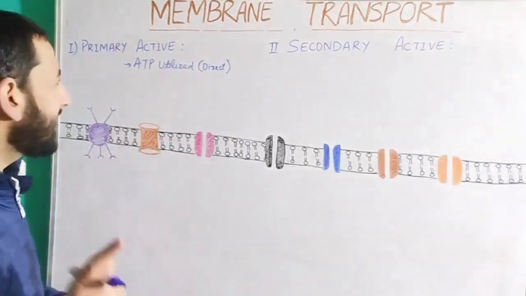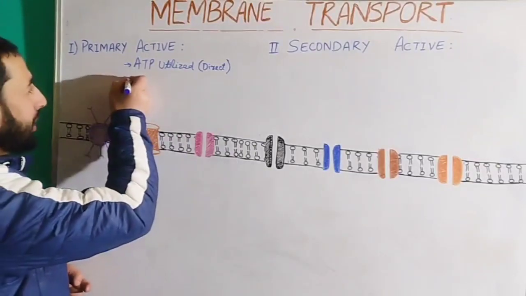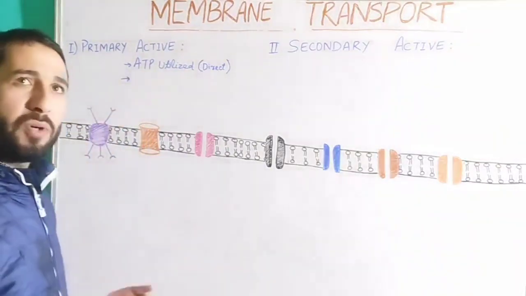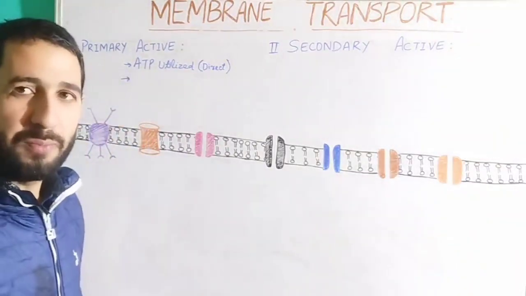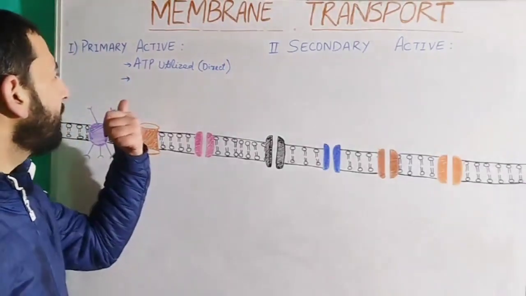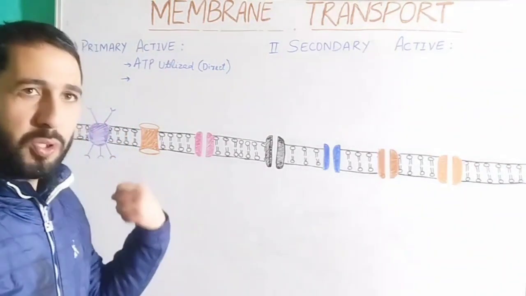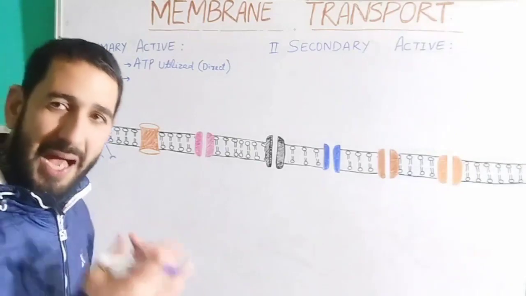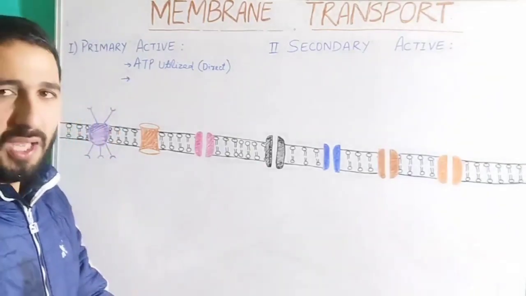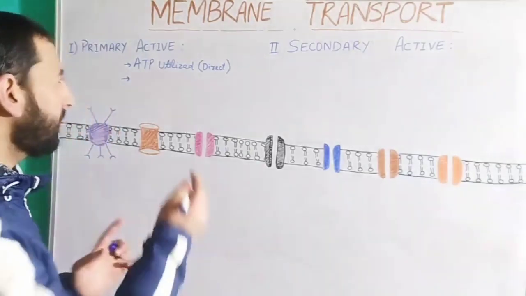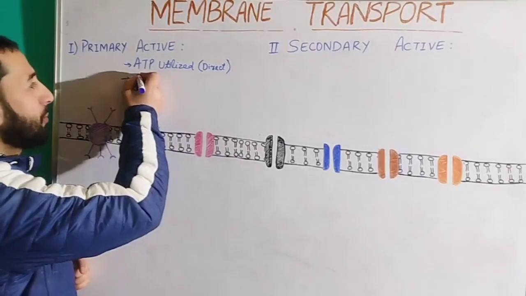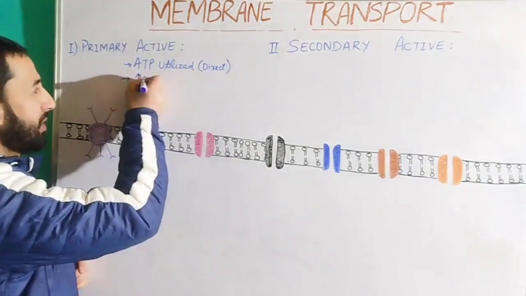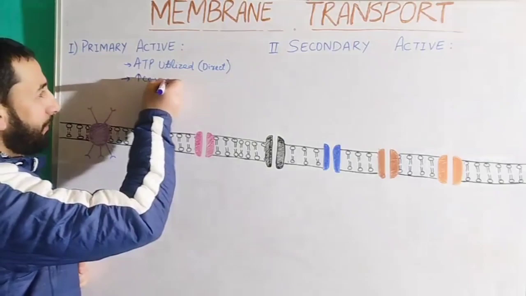Right. The second thing is, in passive transport, there was transport from high concentration to low concentration, and active transport is definitely going to be the transport from low concentration to high concentration.